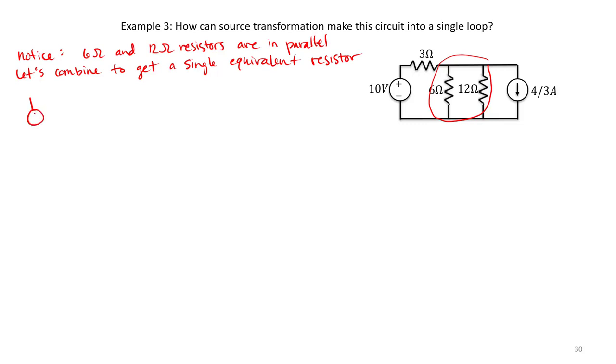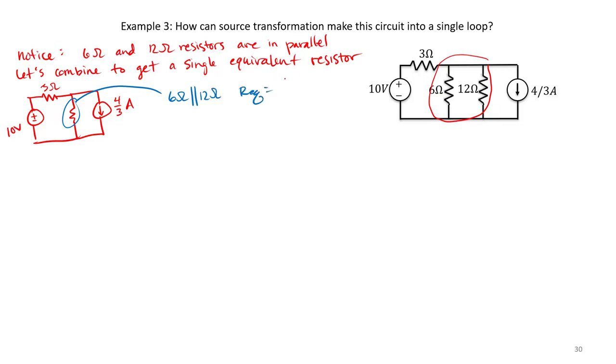So if we do that, notice what we get. So here, this single equivalent resistor is given by the 6 ohm resistor in parallel with the 12 ohm resistor.